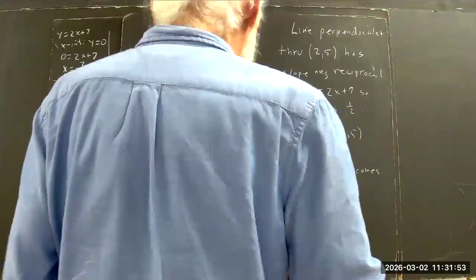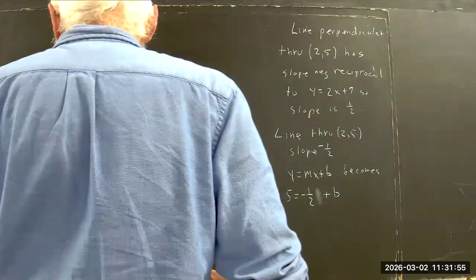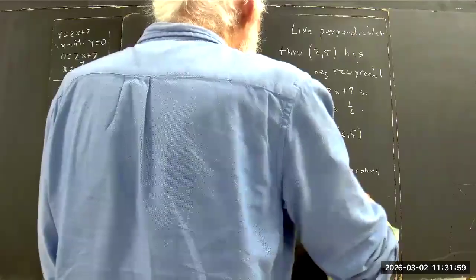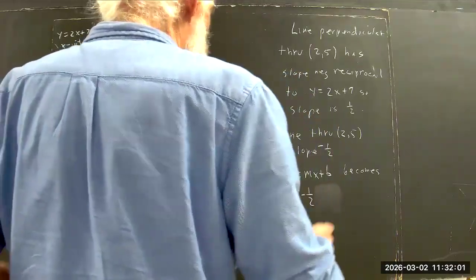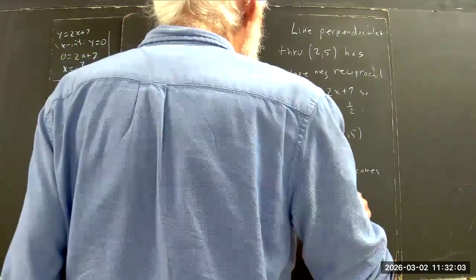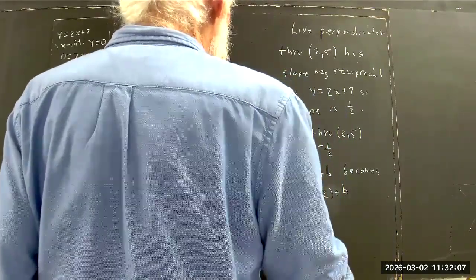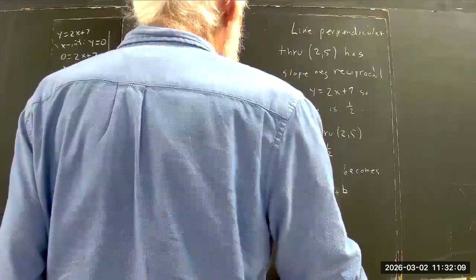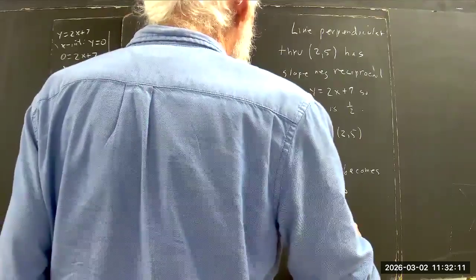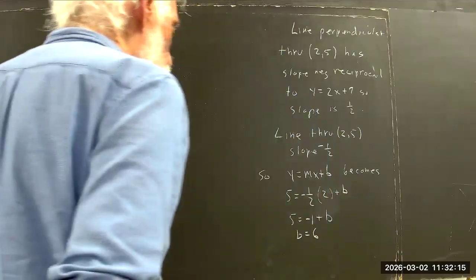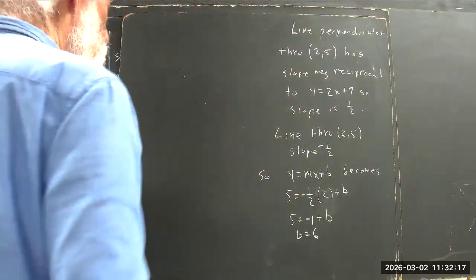X is 2. So let's write that correctly. Negative 1/2 times 2 plus b. So you get 5 equals negative 1 plus b, and you get b equals 6.